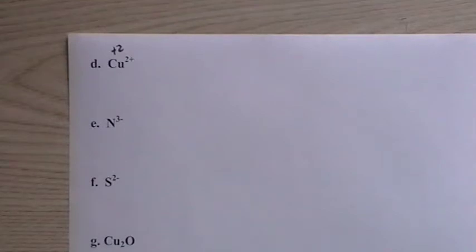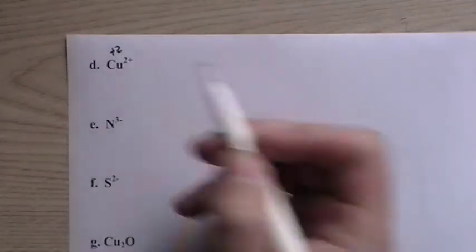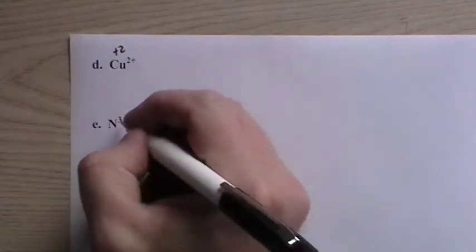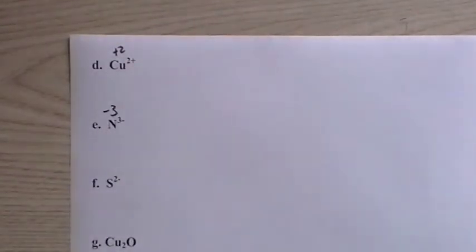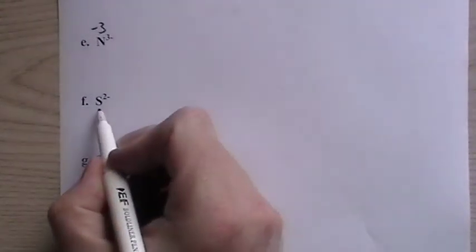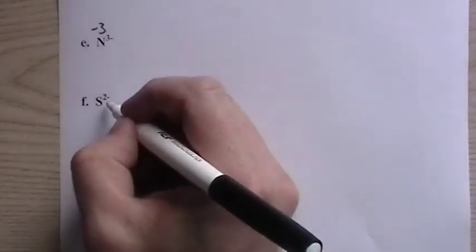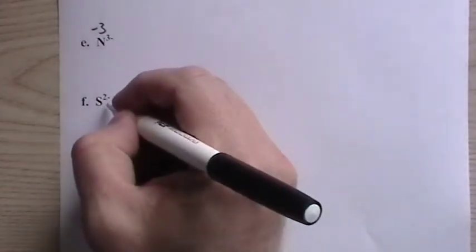But when we're dealing with oxidation numbers, we usually put the plus in front. You don't have to, but the negative has to be in there. Carbon 2+ has an oxidation number of +2. The nitride ion is 3-, so that's a -3 for the oxidation number. Any element that forms a monatomic ion, whatever the charge is, that's the oxidation number. So 2-, -2, piece of cake.